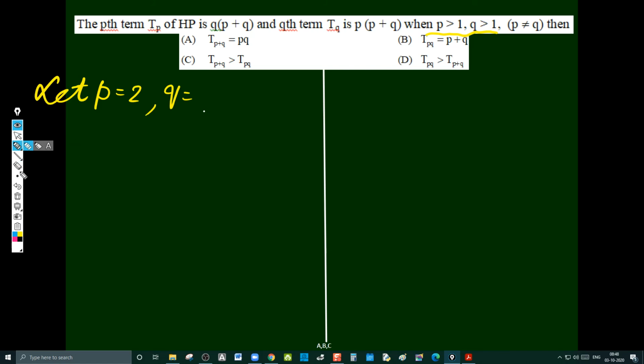So this is, as Dhananjay said, it is P not equal to Q. You can take Q3 there. Because it is HP, carefully it should be done after converting it to AP.